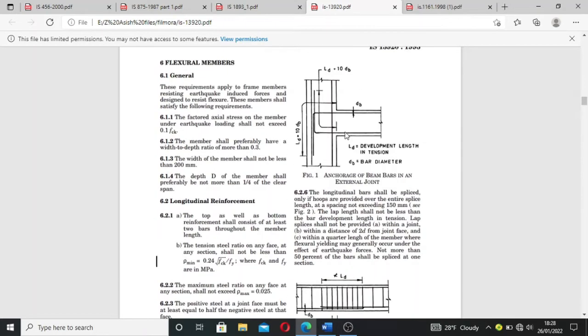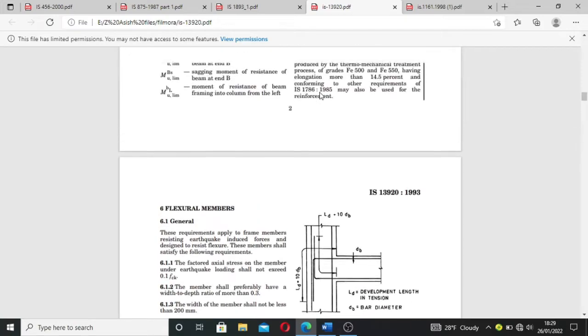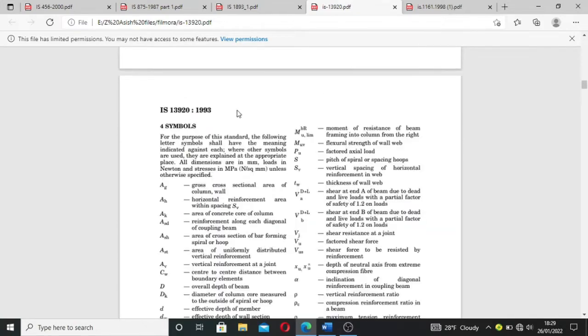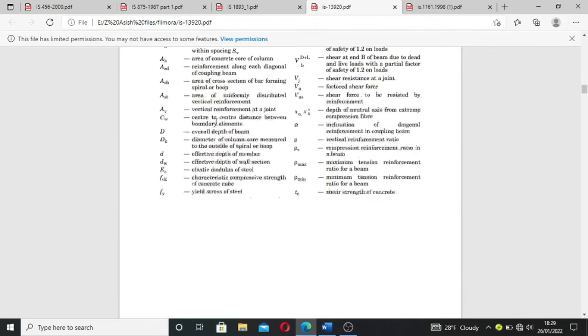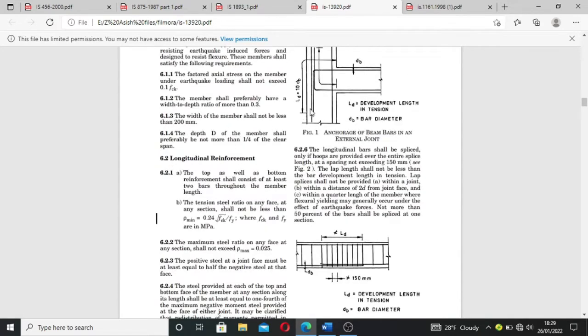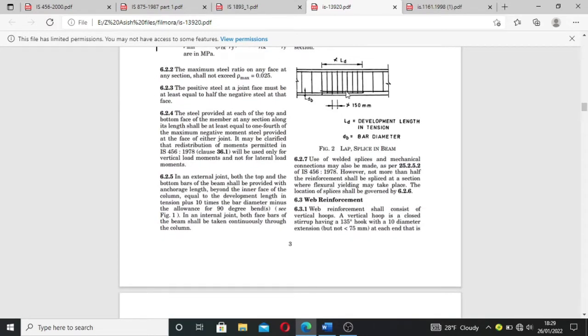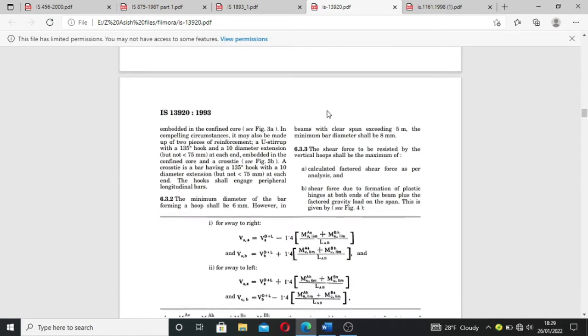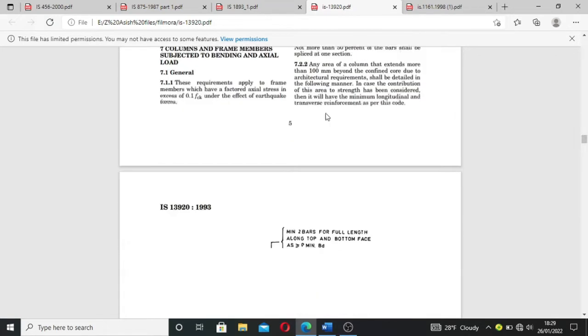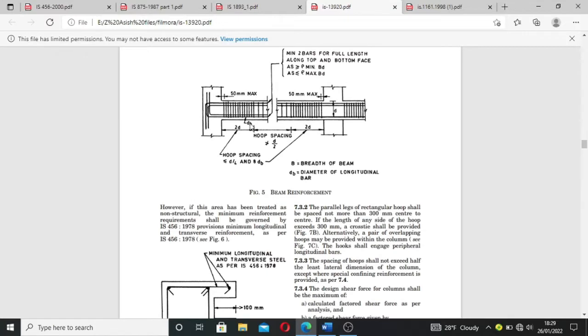See where the anchorage comes from. From IS 13920 you will get those things, and where the development length came from, and you will come to know many things from here while drafting. See here, near the support the spacing should be less, within the span of 2d.